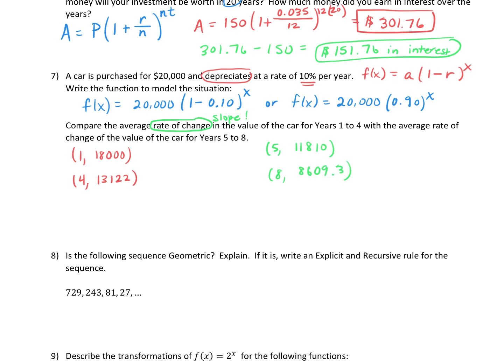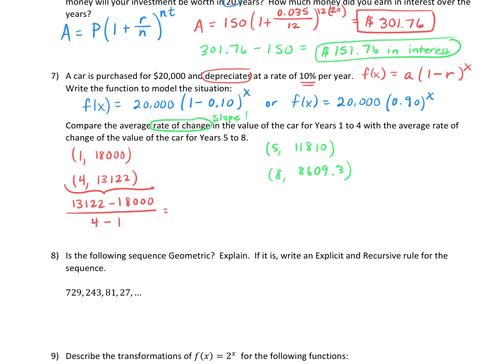8,609.3. All right, so we are going to find the rate of change, or the slope, of each of these and then compare them. So slope is your change in your y's, so y2 minus y1 over the change in your x's, x2 minus x1.